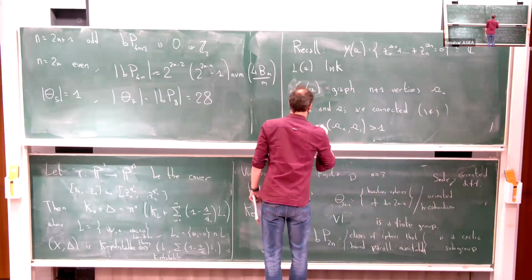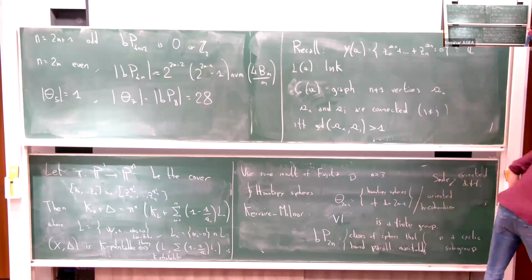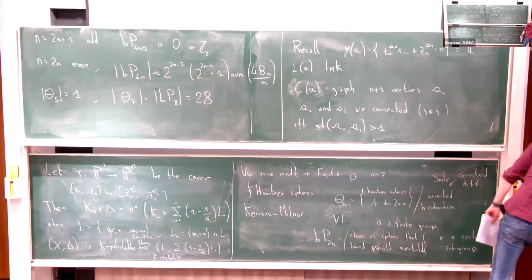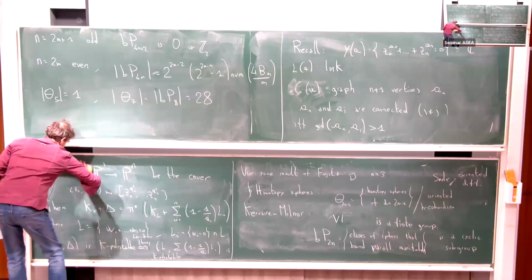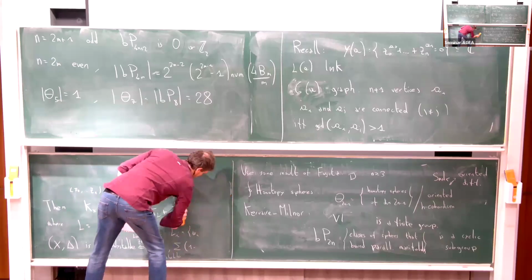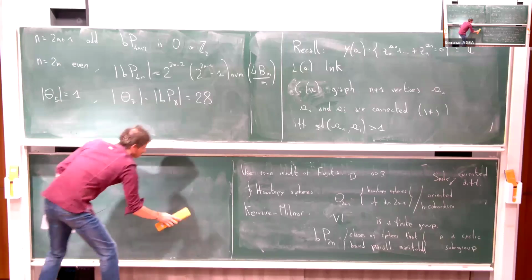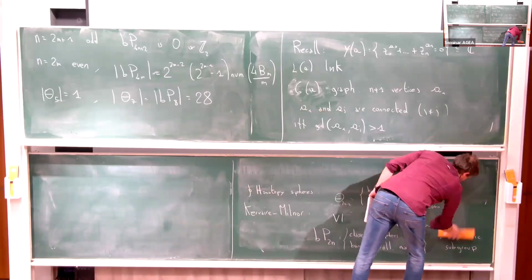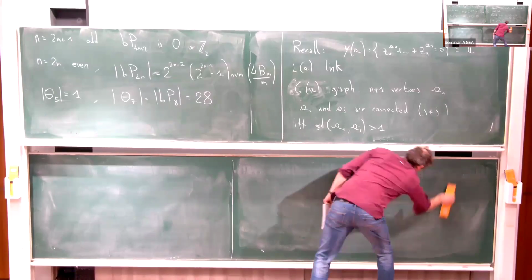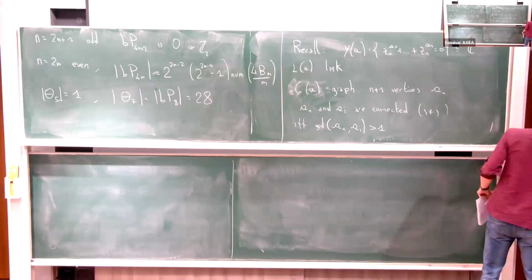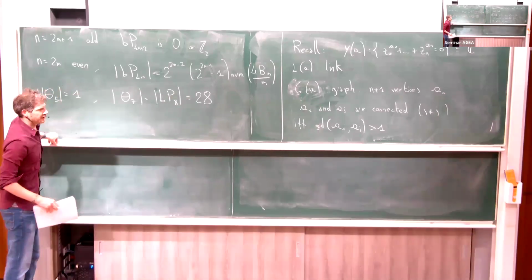So the greatest common divisor is bigger than 1. So this gives you a graph.